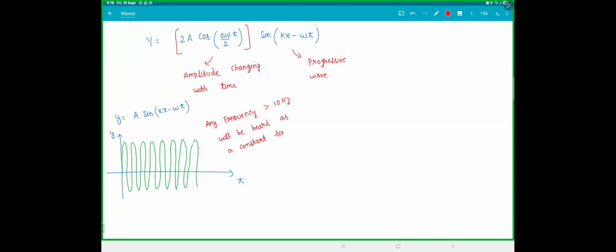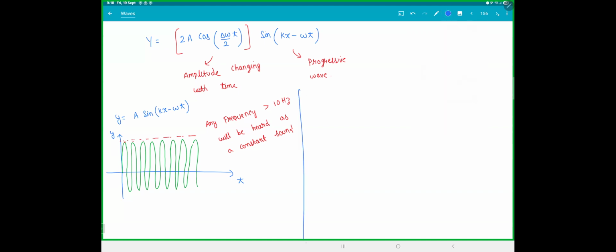That means if you take a progressive wave and sound it, this is what you'll hear. You'll just hear a constant sound. Basically, you'll be hearing these peak values. Your ear cannot differentiate that decrease and increase there. You will think it is a constant sound.